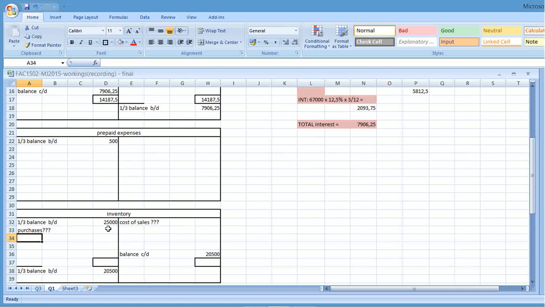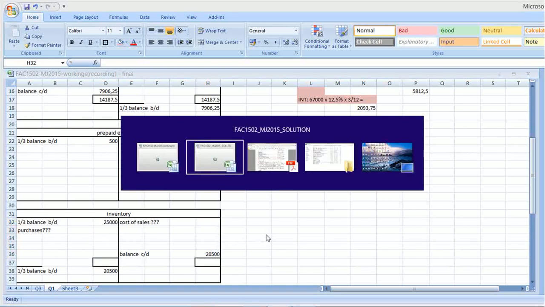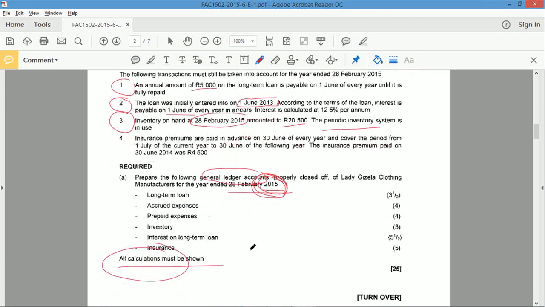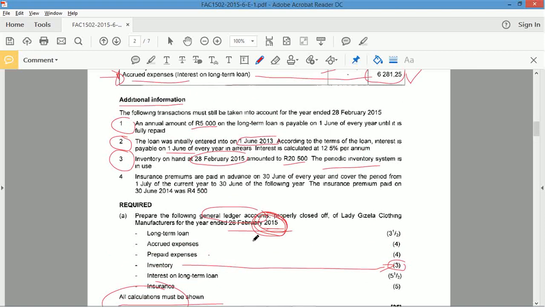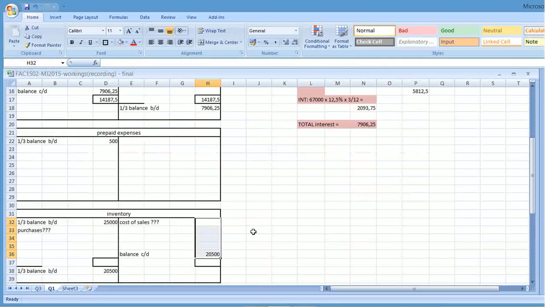If you balance this off, you'll see that this side is actually bigger than that side. Well, then that would have indicated that you wouldn't have purchased anything during the year, which I don't think is the case. If you look at the question, you'll see that inventory was out of 3 marks. So you're probably going to have to balance this account off quite simply without having to record any cost of sales if they didn't give it to you.